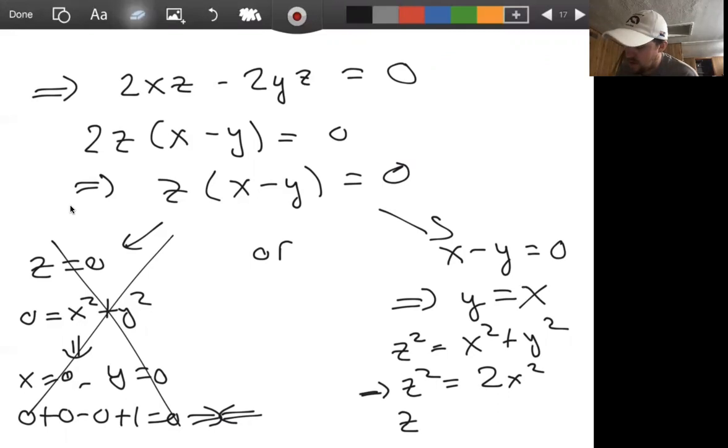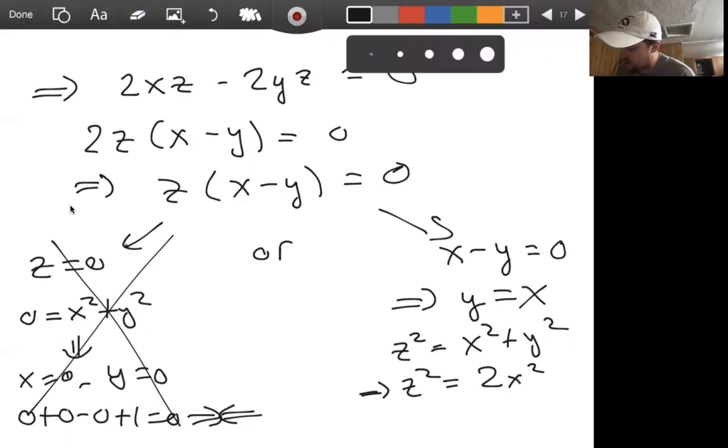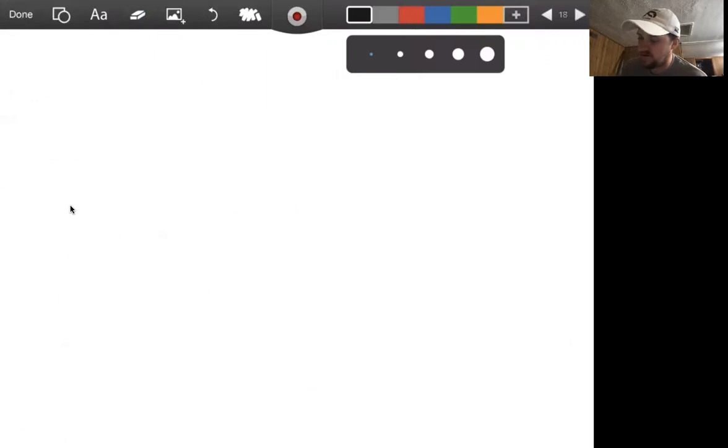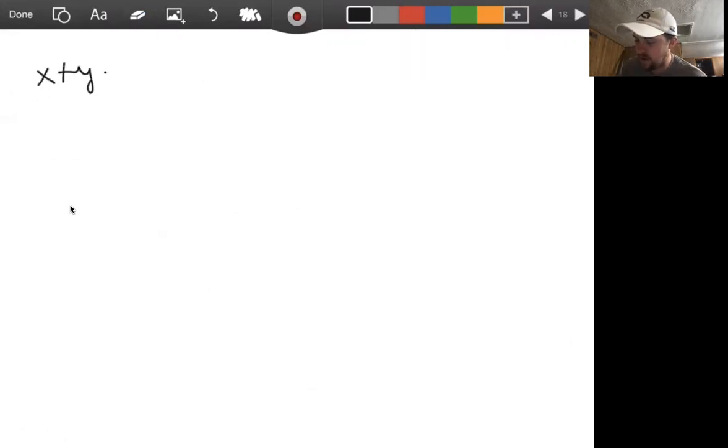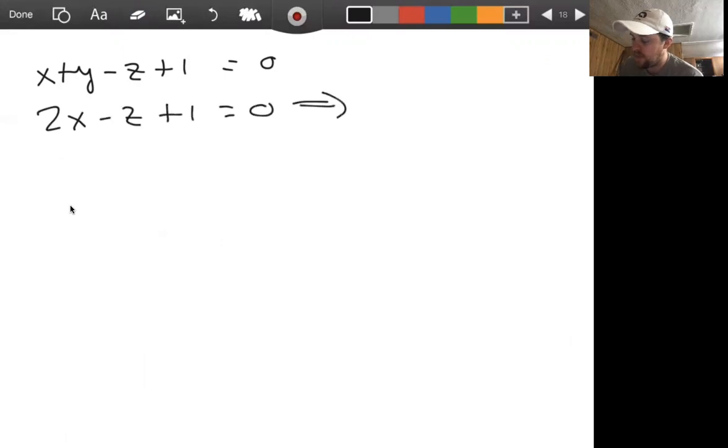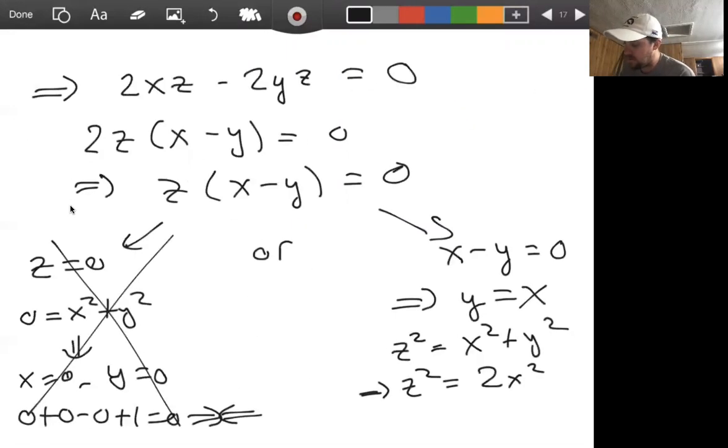Sorry, before I do that, let's look at our other constraint function, right? We also have the other constraint function that x plus y minus z plus 1 equals 0. And so this means we have 2x minus z plus 1 equals 0, which gives us that z equals 2x plus 1. Now, this is a much simpler z value than what we would get by squaring that, right? Or taking the square root of that.